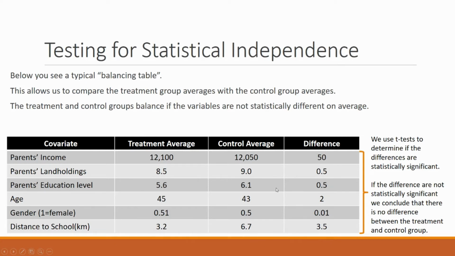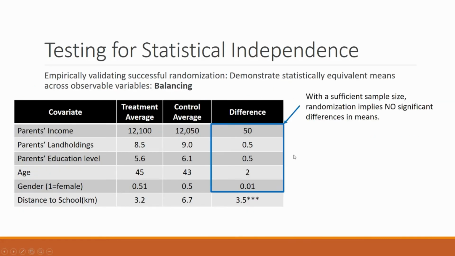We want to find no statistically significant differences, because that would suggest that the treatment group is the same as the control group on average, which would be evidence of statistical independence. So if our sample size is big enough, then randomization would imply that there are going to be no differences between the treatment group and the control group. That means we would see that the differences are not statistically significant.